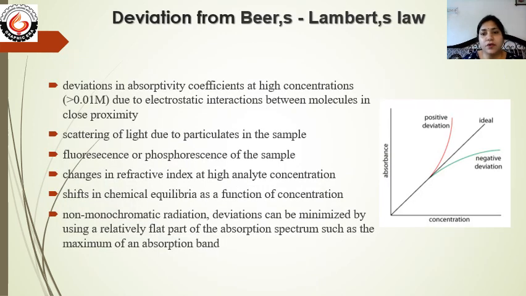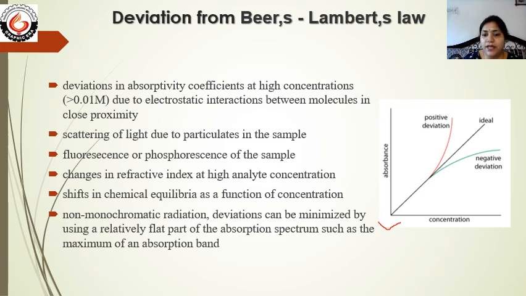Deviation from Beer-Lambert's law. Beer-Lambert's law shows the linearity between the absorbance and concentration and path length. But after a certain concentration, or due to some instrumental reason, some deviation occurs from the Beer-Lambert's law. Here in this graph, it is a graph between the concentration and absorbance.